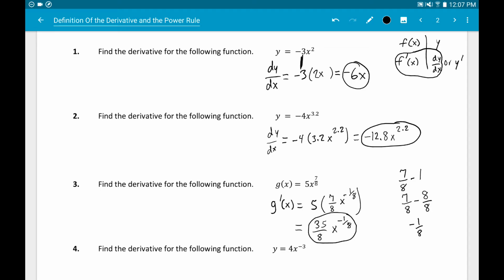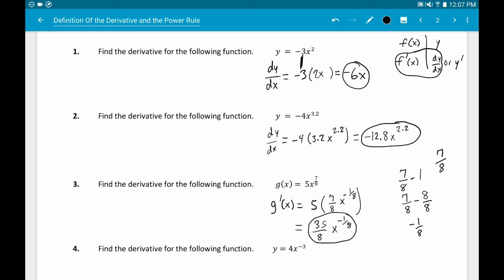Okay. All right. So same rule. It's just you need to remember how to add and subtract fractions. You have to have a common denominator. So 7/8 minus 1 is the same as 7/8 minus 8/8, which is -1/8. I'll give you a quicker way to do that with exponents. Think of it this way.